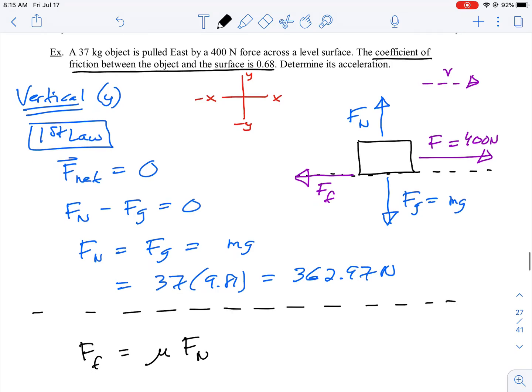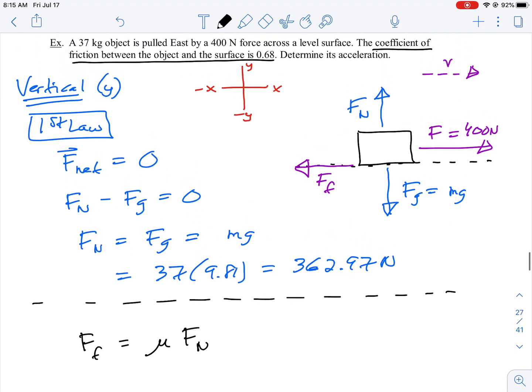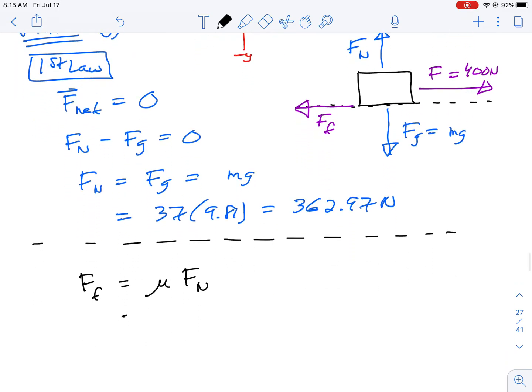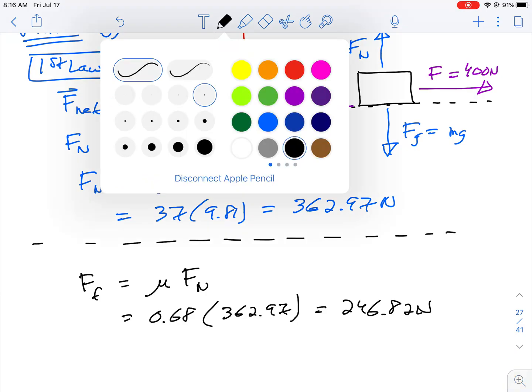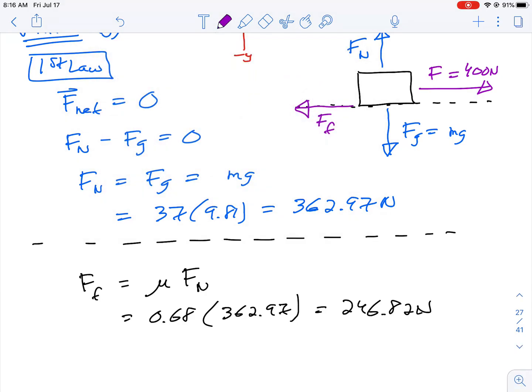That's called mu. So mu, again, is 0.68 times 362.97. So that's about 246.82. And I can transfer that to the diagram here. So that's going to be 246.82 newtons.